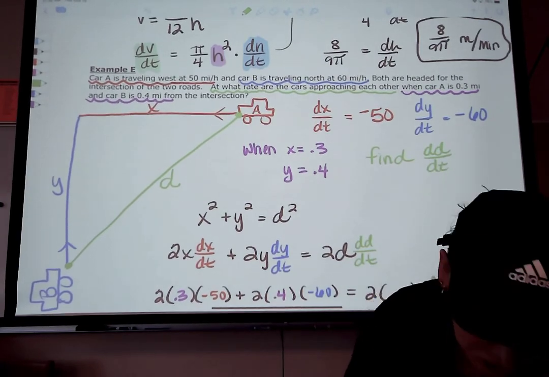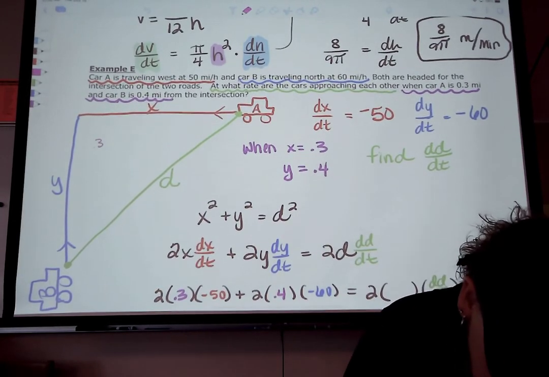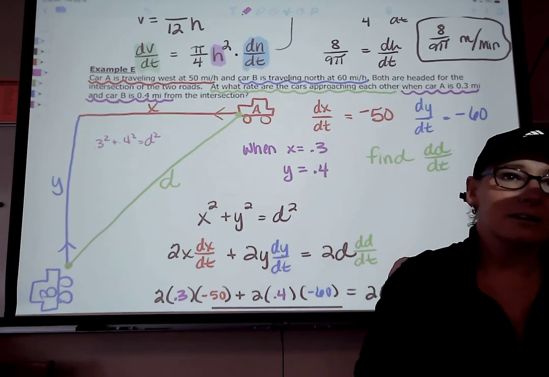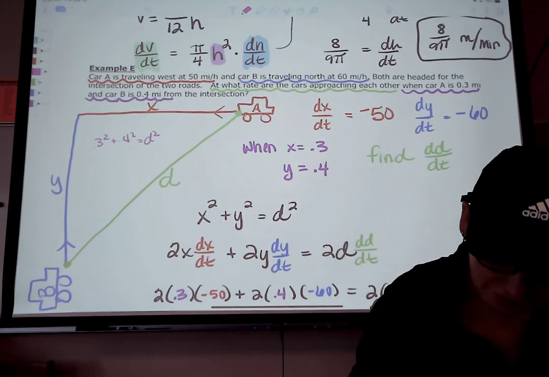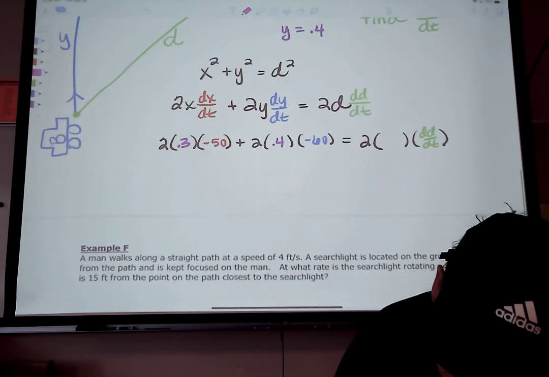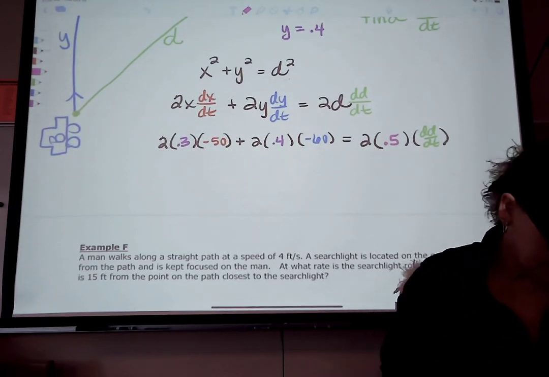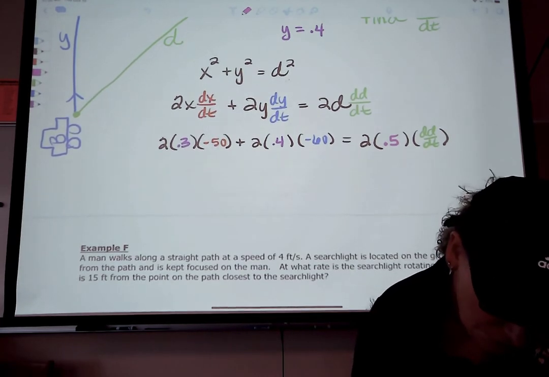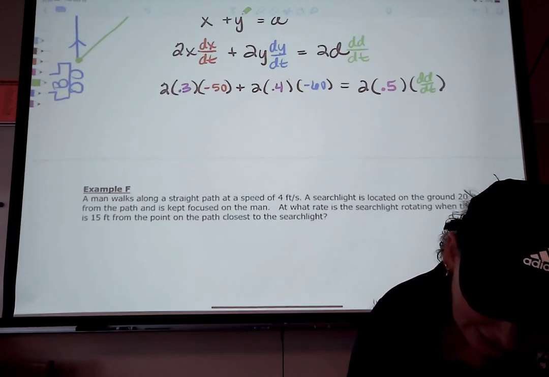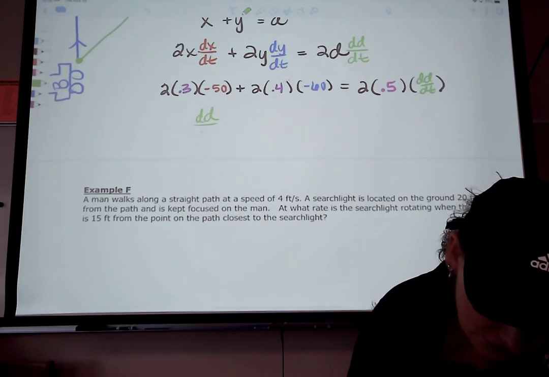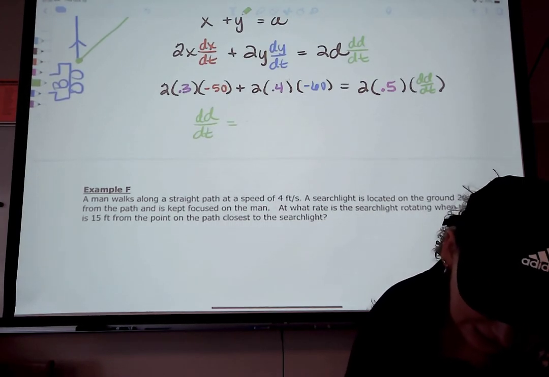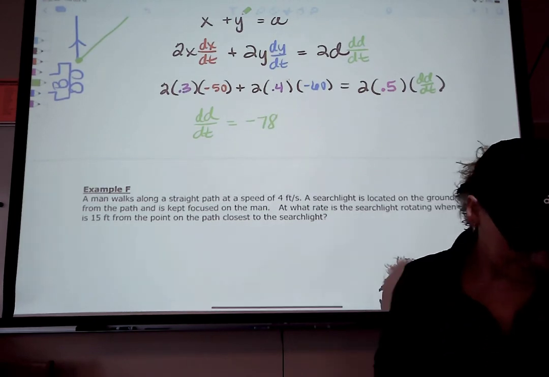If you don't know it, you can always figure it out. 0.3 squared plus 0.4 squared equals d squared. It's 0.5. So what ends up happening is I get the distance is changing at a rate. This becomes negative 78.